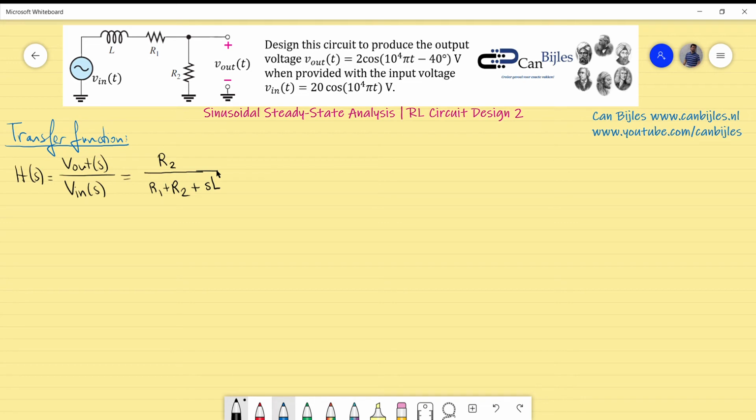Now, if I now convert this using the situation of S is equal to J omega, which can be used in steady state analysis, I have an expression for the transfer function in J omega domain, which is H J omega is equal to R2 divided by R1 plus R2 plus J omega L. So where you see S, you substitute that by J omega, that's all.